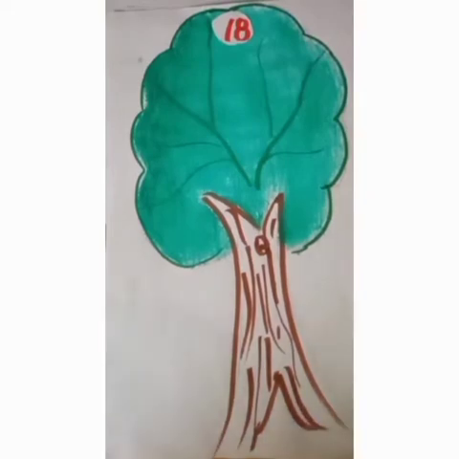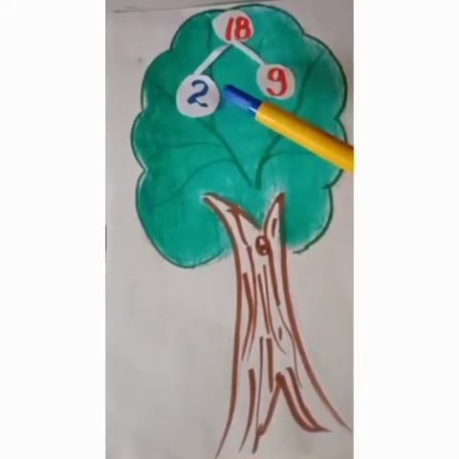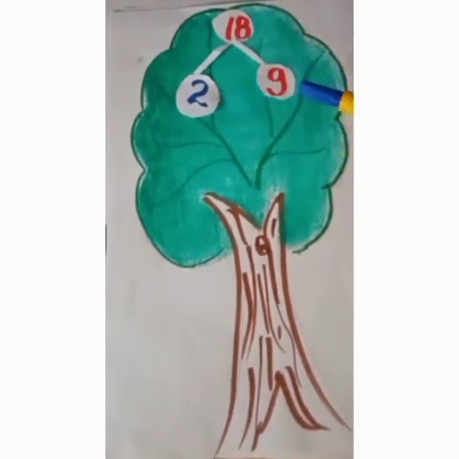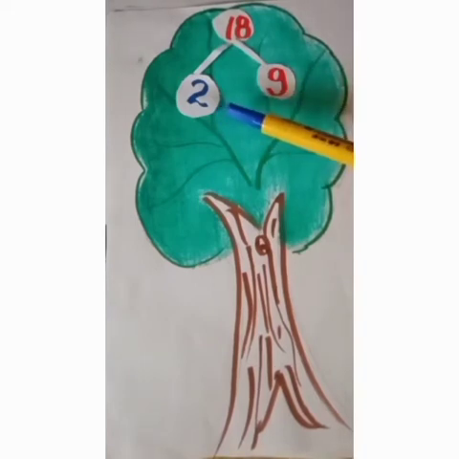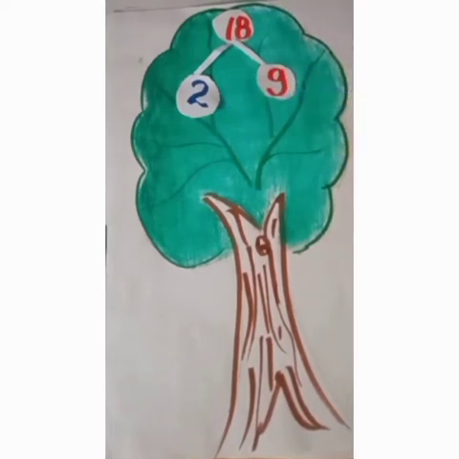Firstly, he split number 18 into two numbers, 2 and 9. Here number 2 is a prime number and 9 is a composite number. Number 2 is a prime, so we cannot split it again. But number 9 is a composite number, so it could be split further.